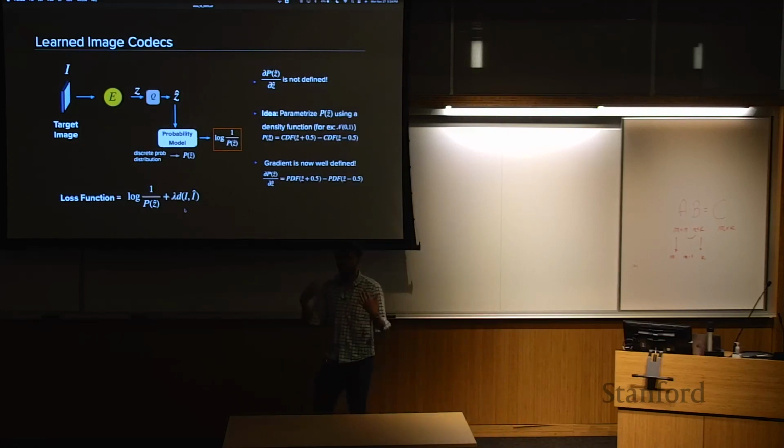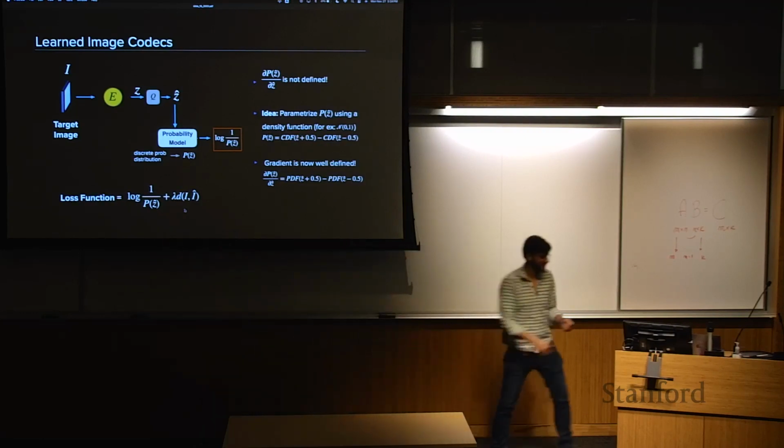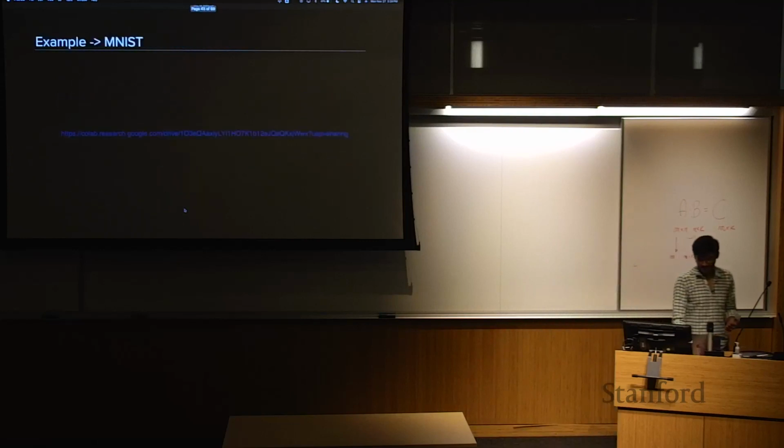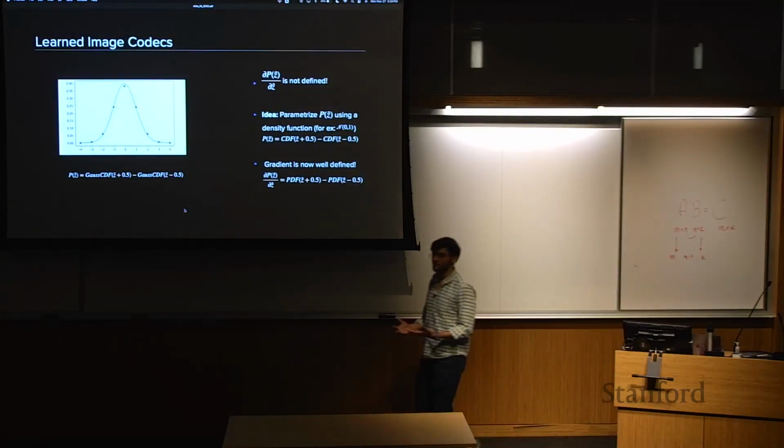It's fine. Any thoughts which are coming to your head? So you want to minimize log 1 over p, which is equivalent to what? Maximizing your p of z hat, right? When is p of z hat maximized? It's like a Gaussian. It's Gaussian-like latent variables, right?